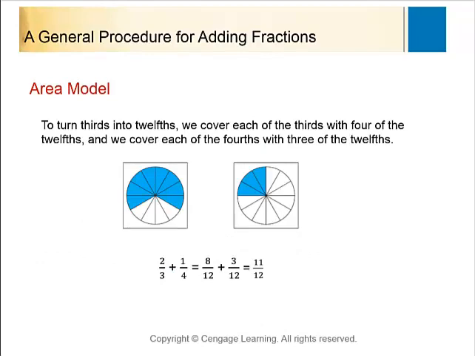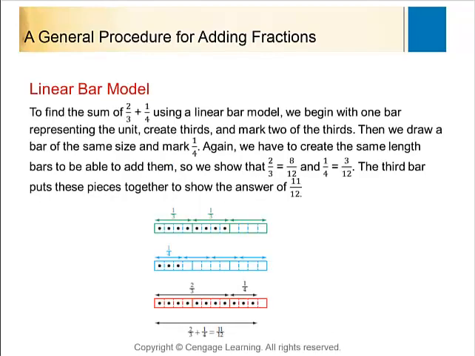Alright, and they're looking at this in terms of the area model as well. That's what this was called. And we also have a linear bar model, in which case I make a bar and I cut it up into 12ths, and then I list off what 2/3 would be, and then I write those down and then add those up without really changing the denominators.